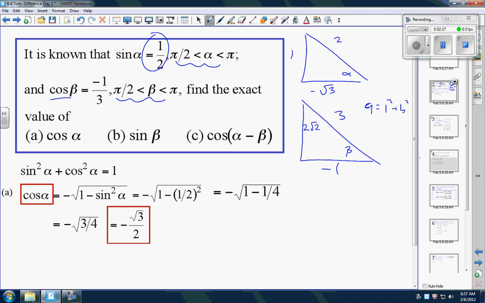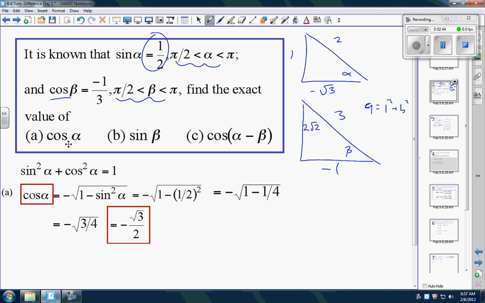Now, first thing they want us to do is find cosine of alpha. Down here, the book did it with the Pythagorean identity, sine squared plus cosine squared equals 1. I like doing it off the triangles, but it's up to you to figure out what you prefer.